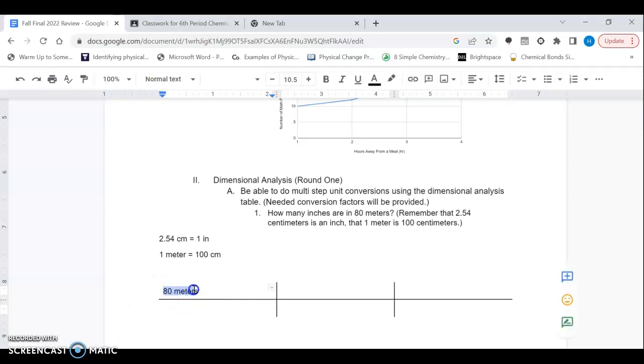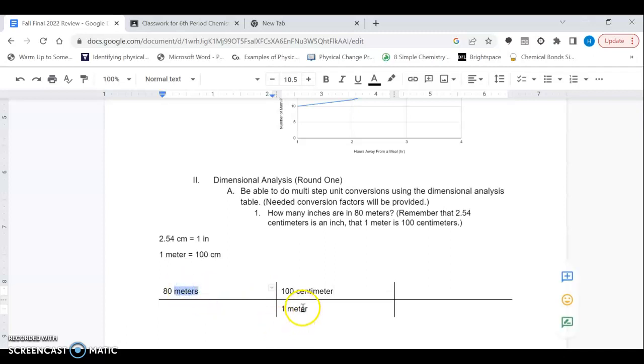We're starting with 80 meters, and we're going to go down this line where we are multiplying by these conversion factors set up so that the units cancel out. I'm going to put 1 meter here on the bottom so that meters will cancel out, because just like with a variable, units can be set up to cancel out as well.